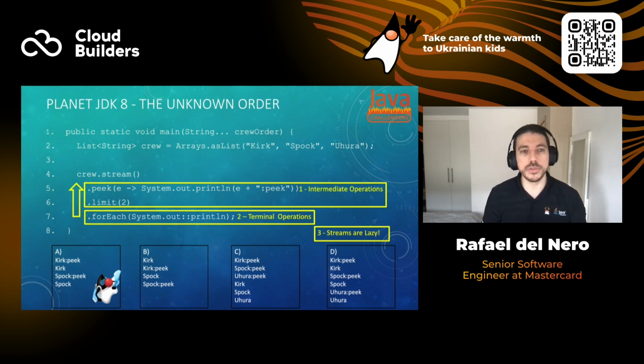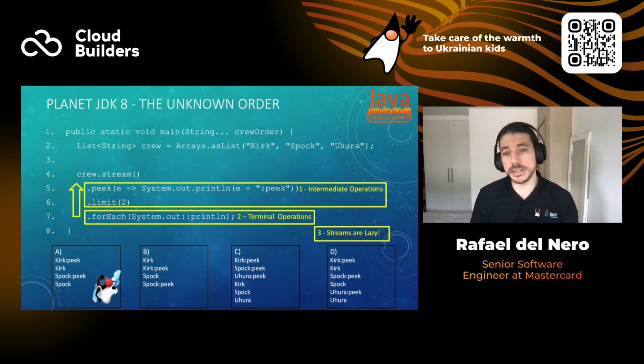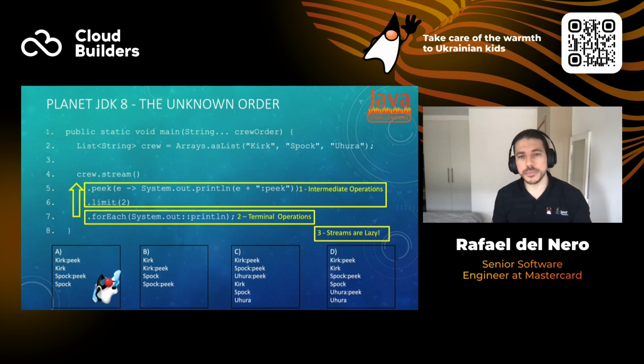So if I remove the forEach method, for example, nothing will happen. Why? Because streams are lazy. Streams will only do any kind of action if there is a terminal operation method.